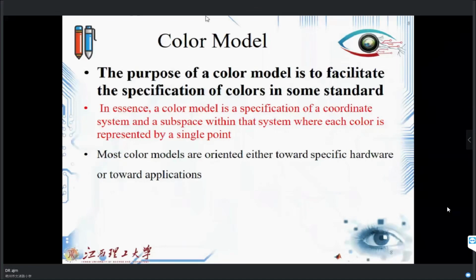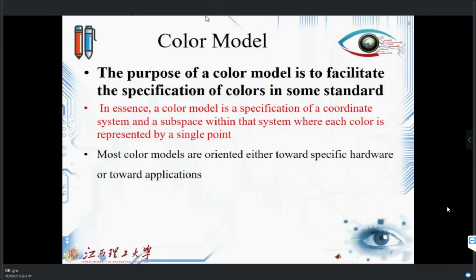For color, we should have some model. The purpose of these is to facilitate the specification of color in some standard form. Because if we want to talk regarding the visibility or even seeing the colors, we should have some model about it, and then we need some standard. That is why the models come into the picture.